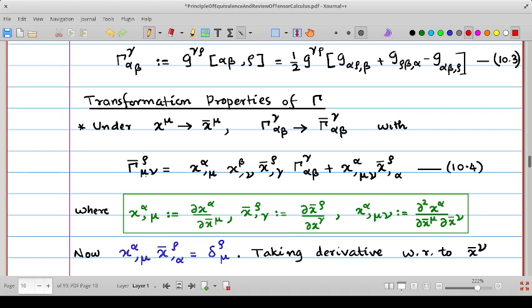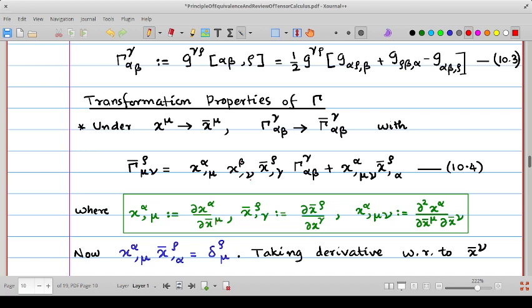Gamma bar rho mu nu equals x alpha comma mu x beta comma nu x bar rho comma gamma gamma alpha beta plus x alpha comma mu nu x bar rho comma alpha, where quantities like this x alpha comma mu are defined to be the derivative of x alpha with respect to x bar mu.